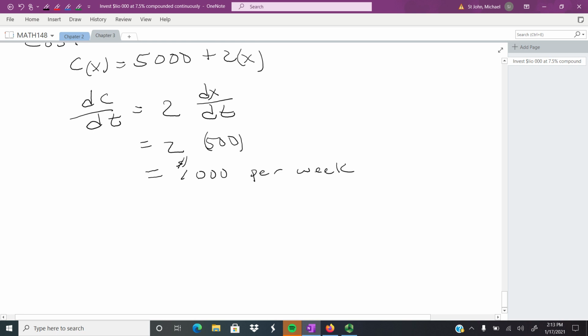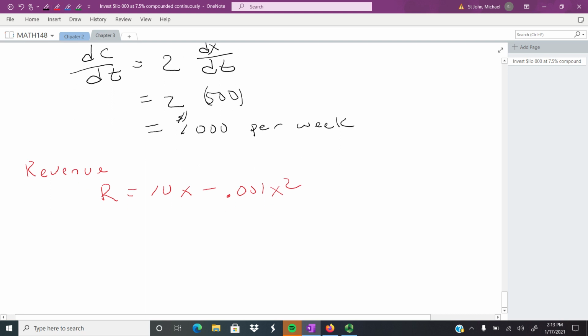Now, we could also do this in regards to our revenue. And so the revenue function R was 10x minus 0.001x squared. And so again, we can find our derivative.